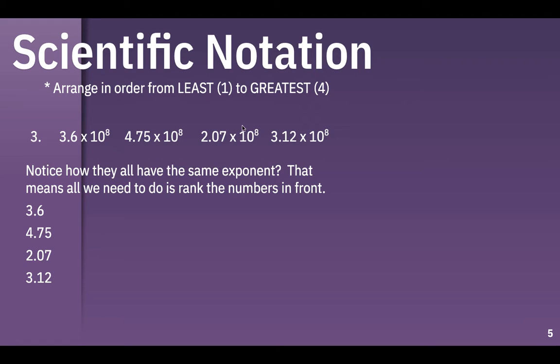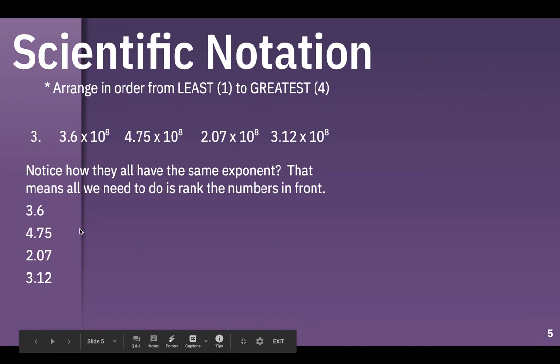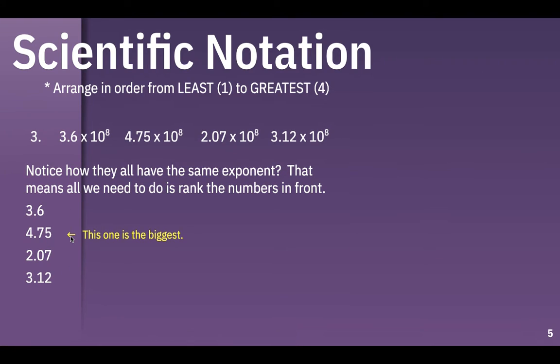Being that they all have the same exponent and they're in the correct form of scientific notation, the number in front is at least 1 and less than 10, so it's only one digit in front. We line up our decimals and we can just put them in order. 4.75 is our biggest.